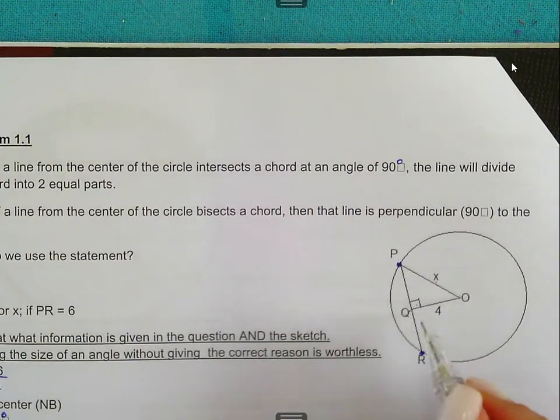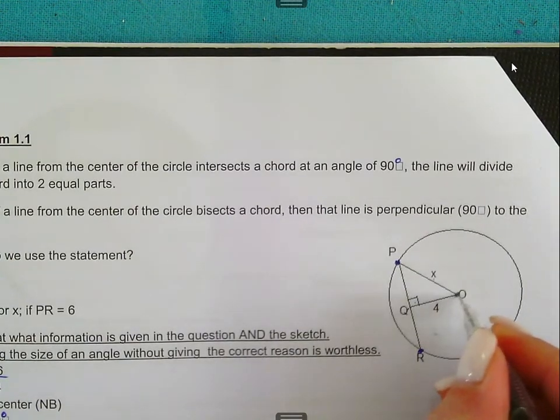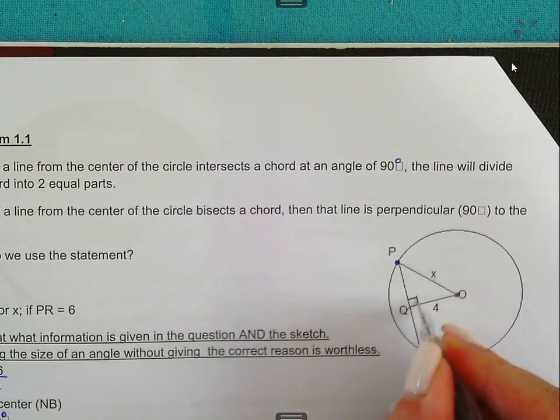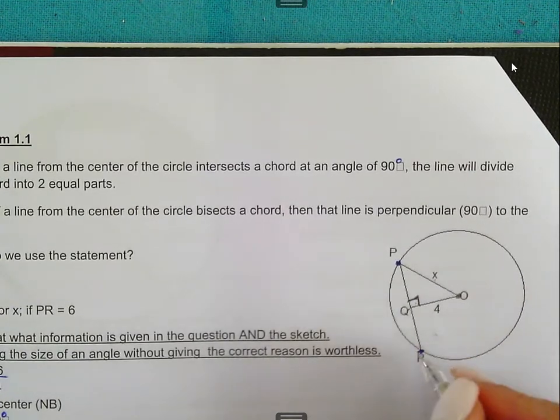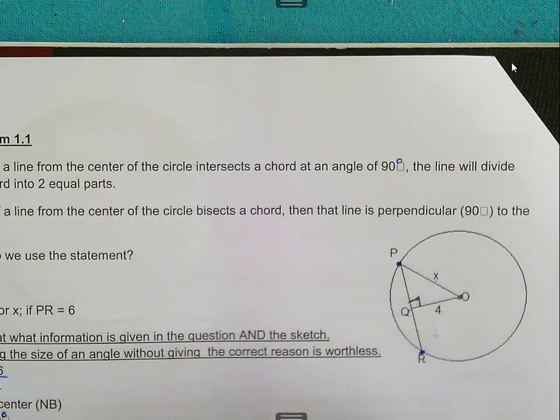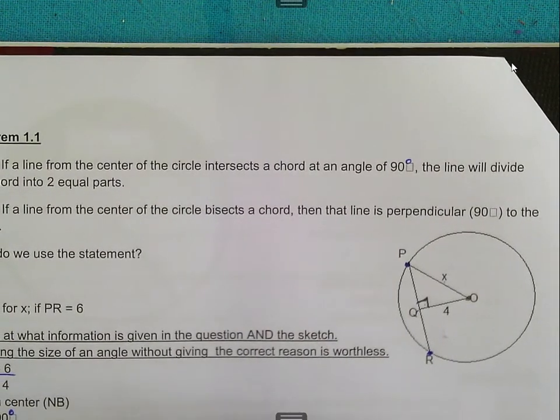But do you agree with me? I know Theorem 1. And Theorem 1 says if the line from the center is perpendicular to the chord, then that line is bisecting the chord. Prior to 15 minutes ago, did you have the knowledge that that line is bisecting that chord?